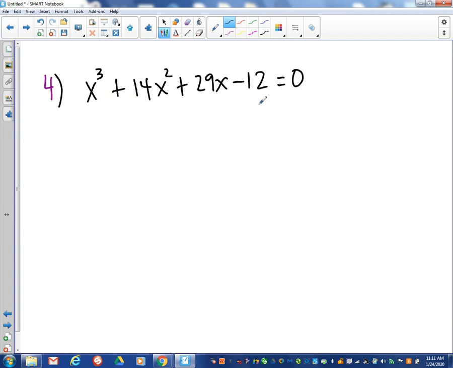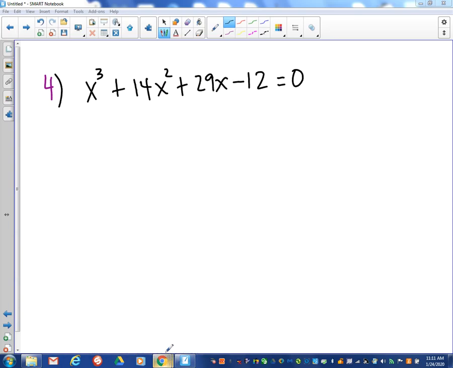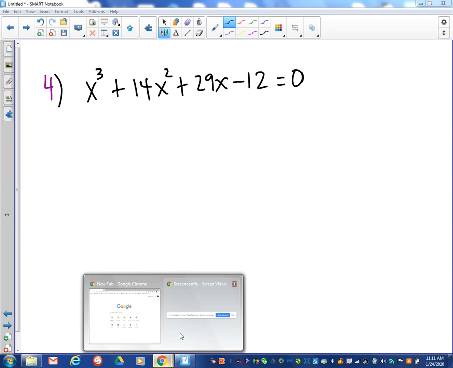It's asking me to actually find all the zeros. So when I'm doing something like this, I would graph it. In my graphing utility, I can go to desmos.com and graph it, and then from the graph, determine a zero that I can put in the box. I'm going to show you how to go to desmos.com right now.